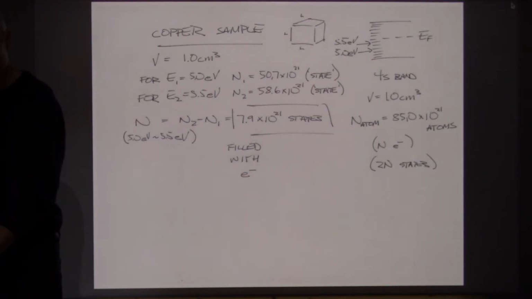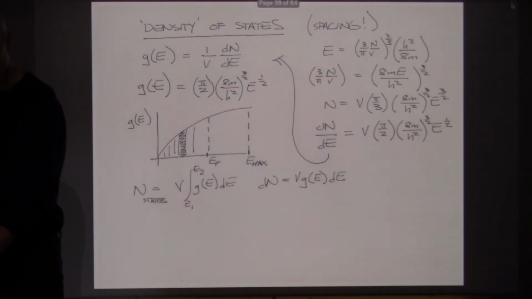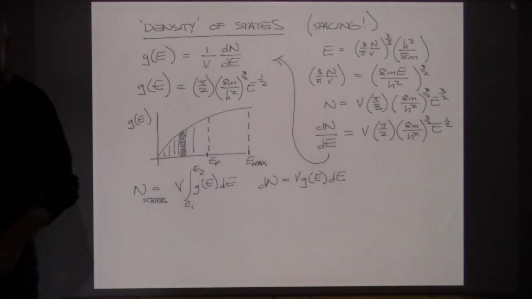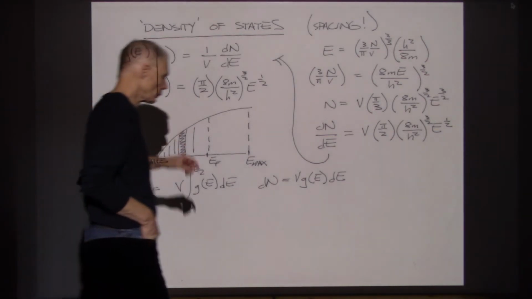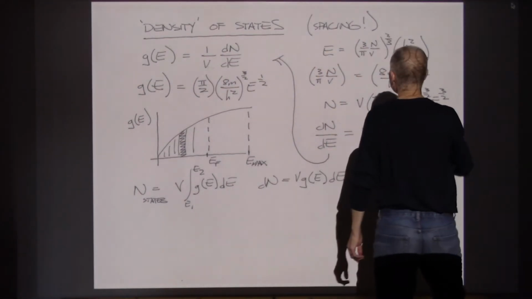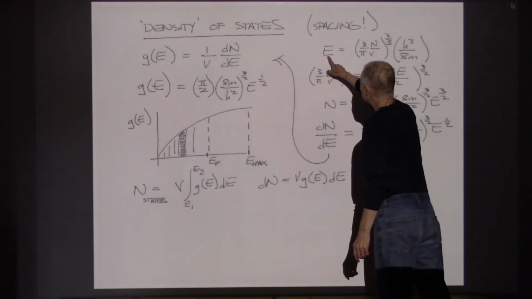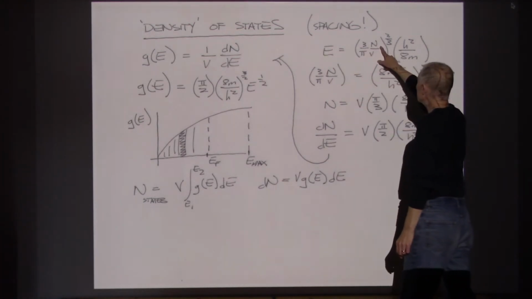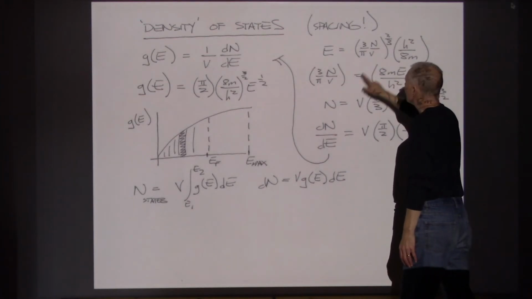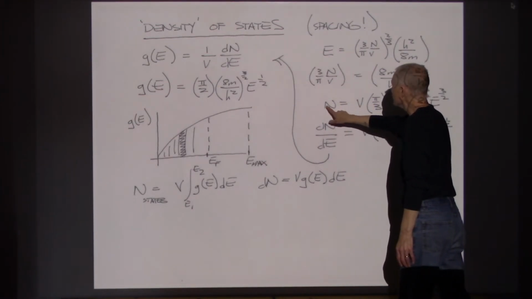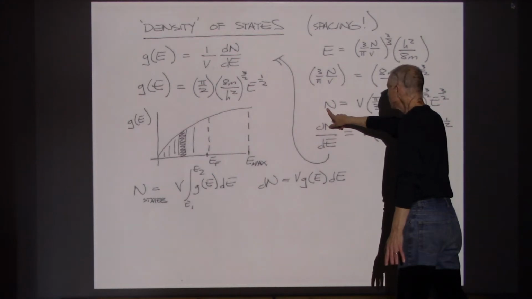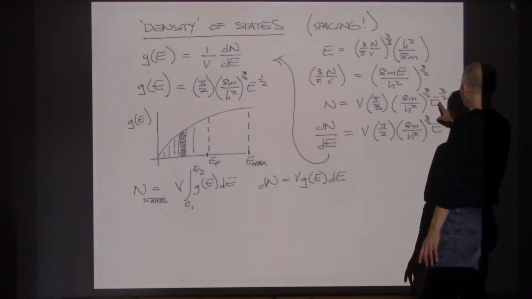Okay, so what we can do then is work from the formulas that we've developed here. This is the energy of the nth state in the block of copper. This is the quantum number for a given energy.